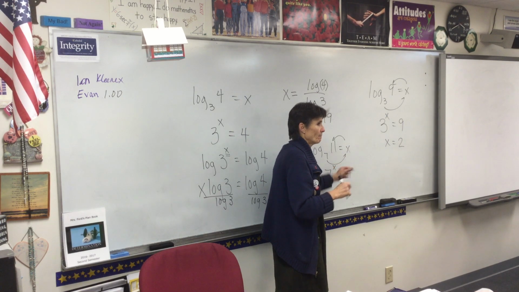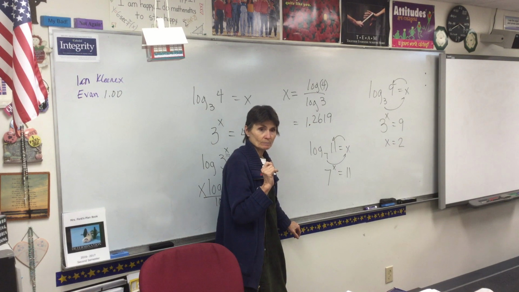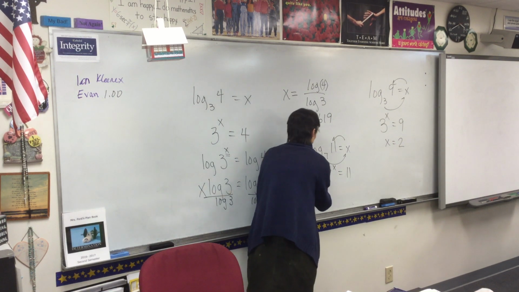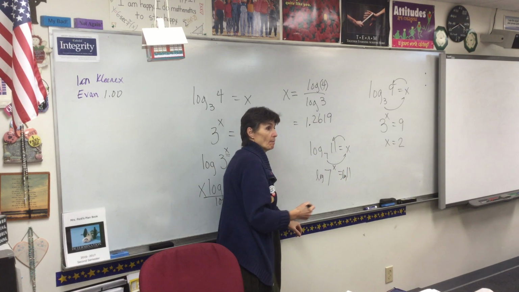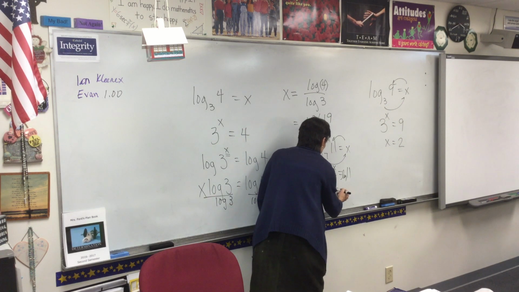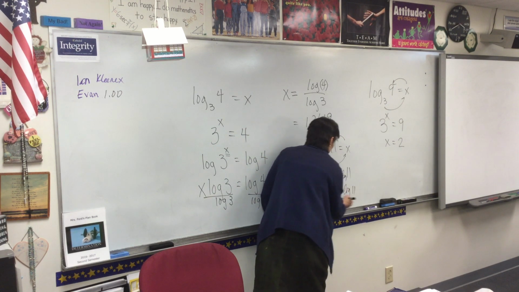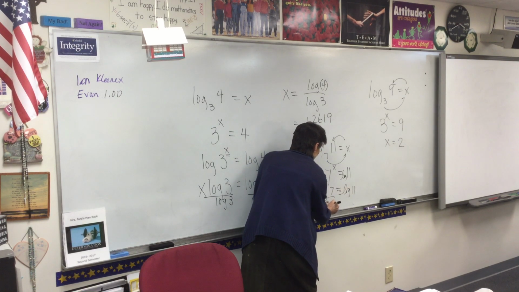But it's a weird number, so now I need to use my calculator. So what will I do now? I'm going to log both sides. Oh, we'll move the x out in front. And then divide by the log of 7.